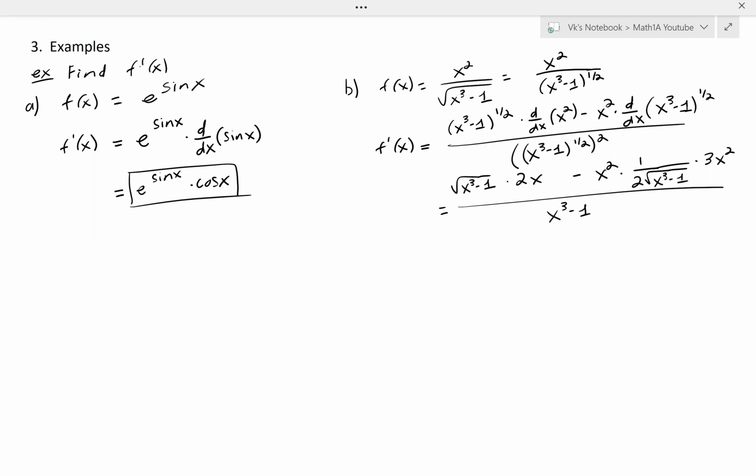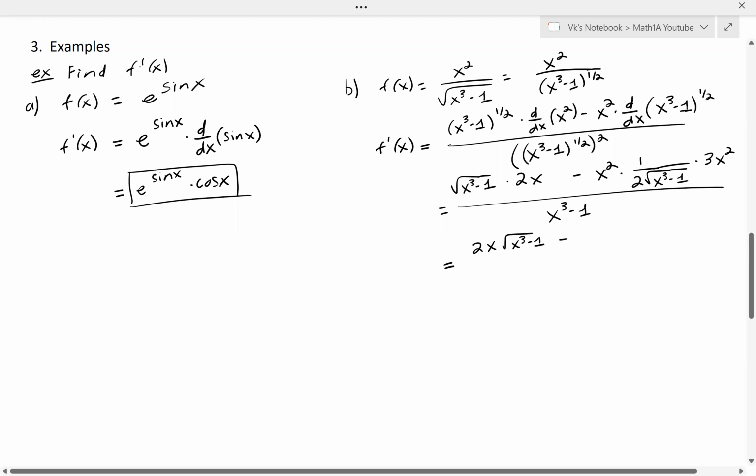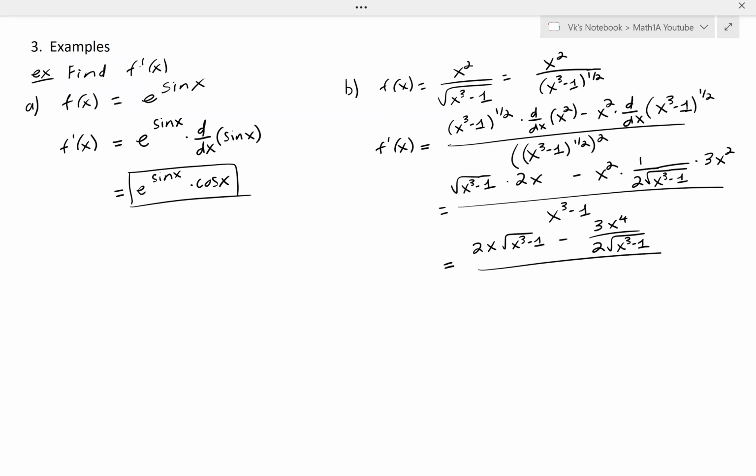And then from here, we can simplify this a little bit. So what we have is 2x root of x to the 3 minus 1, minus 3x to the 4 over 2 root of x to the 3 minus 1, everything over x to the 3 minus 1.